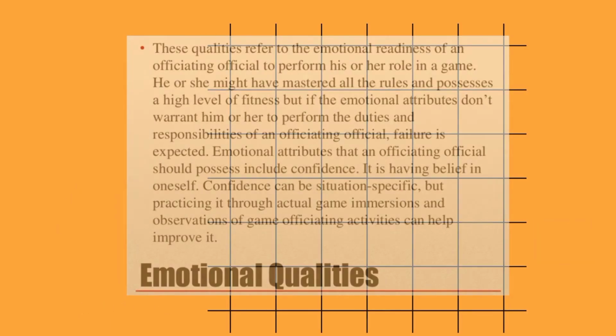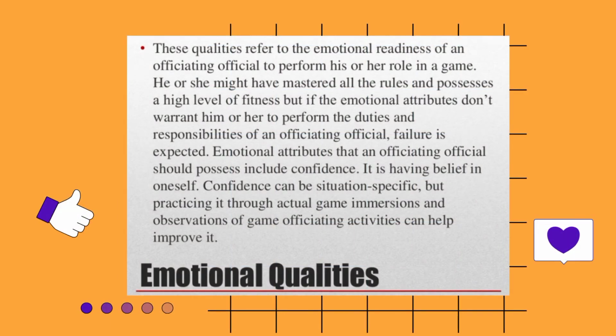Next, emotional qualities. These qualities refer to the emotional readiness of an officiating official to perform his or her role in a game. He or she might have mastered all the rules and possess a high level of fitness, but if emotional attributes don't warrant him or her to perform the duties and responsibilities of an officiating official, failure is expected.